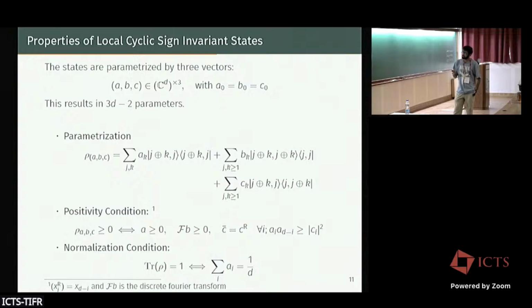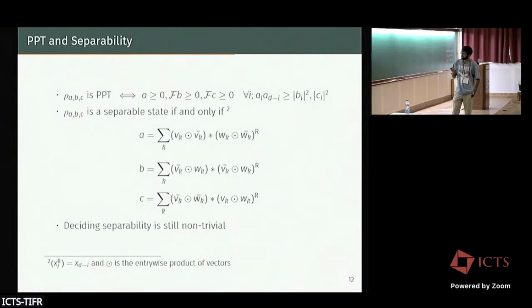Similarly, you can impose the normalization using this parameterization, and the PPT condition you can also write in terms of the discrete Fourier transforms. And rho ABC is a separable state if and only if A, B, and C satisfy this complicated looking convolution. This is the convolution, and this is the entry-wise product of vectors.